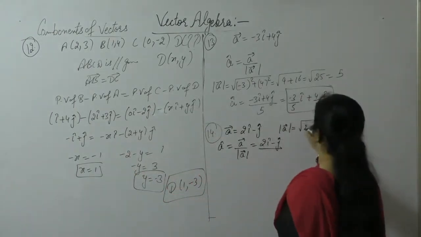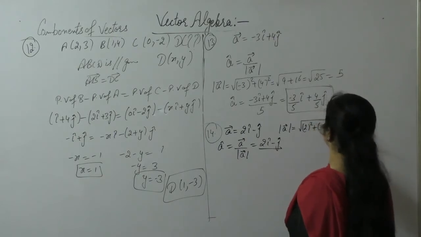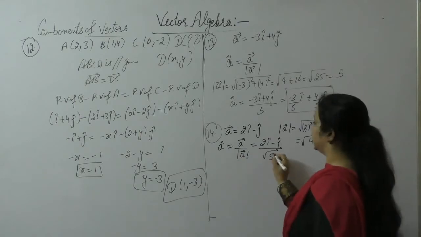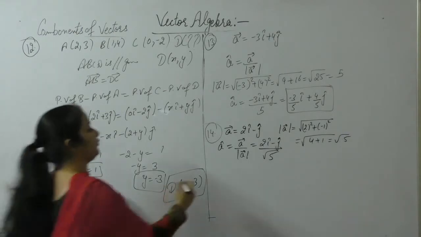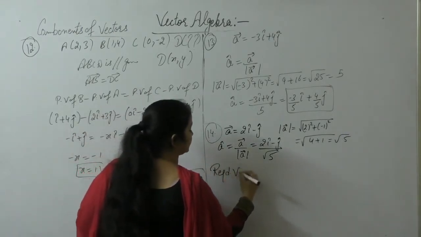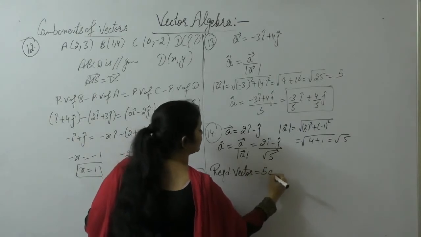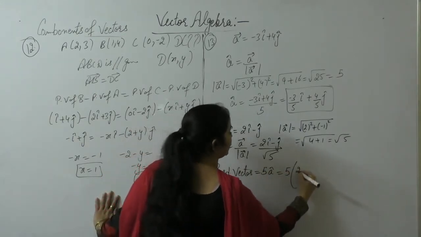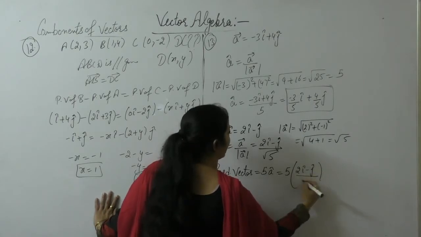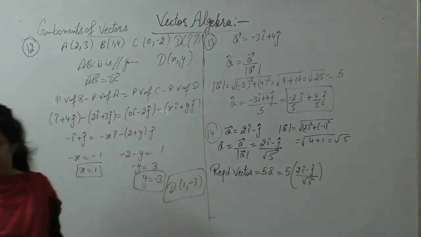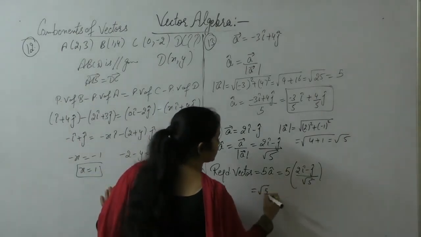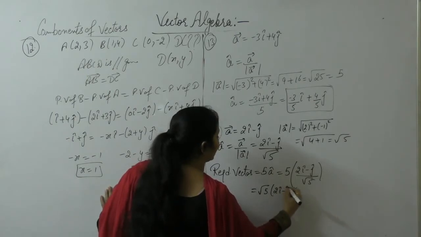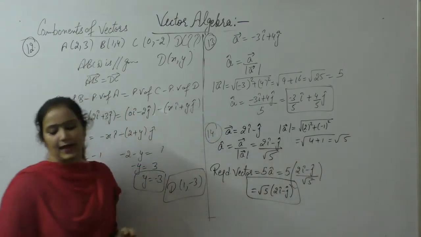Magnitude of the vector is square root of 2 square plus minus 1 square, 4 plus 1, that is square root of 5. Now since the required vector has magnitude 5 units, the required vector is 5 into a cap, 5 into 2i minus j cap upon square root of 5. 5 upon square root of 5 is square root of 5, so it is square root of 5 into 2i cap minus j cap.